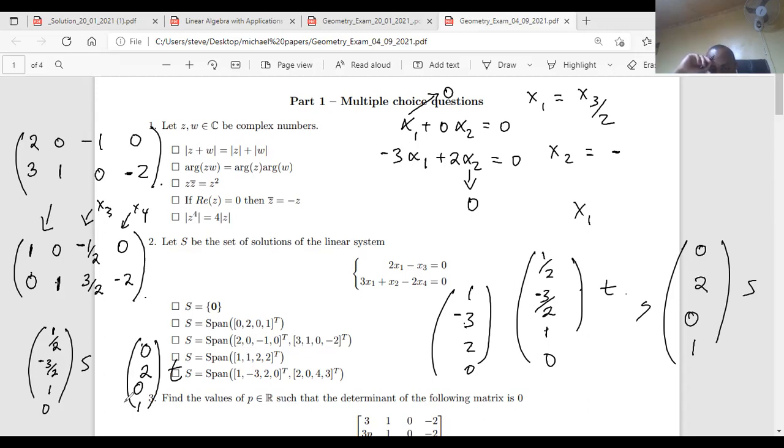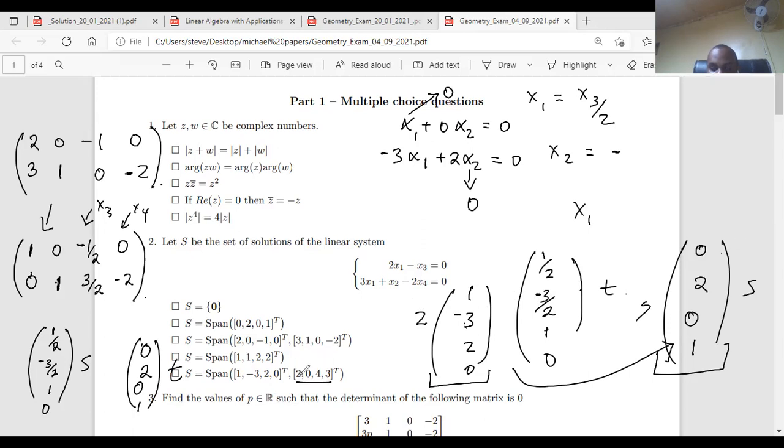So if both of them are independent, then you can use this basis, can you use this and this to produce this? So maybe multiply this by 2, then minus 6. And then you add to this. So this is 2 plus 0, 2.